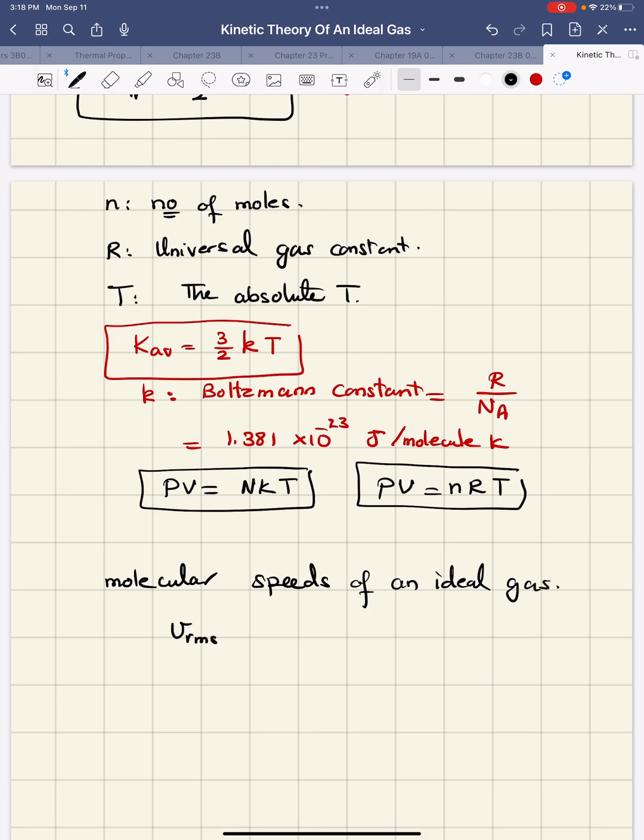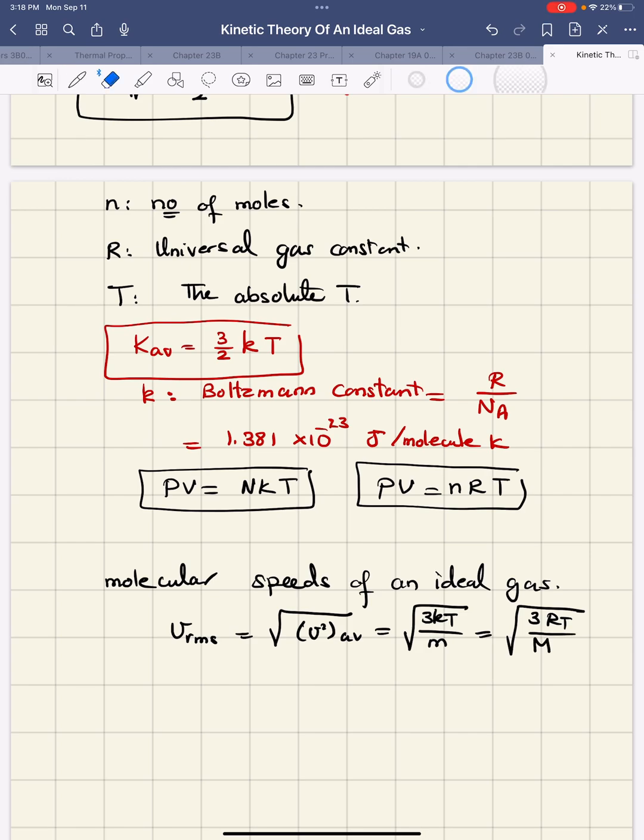We call it RMS, and that is the square root of V squared average, and that equals, of course, the square root of 3kT over m, or 3RT over uppercase M. Now m here, the lowercase, is the mass of the molecule, and it should be in kilograms.